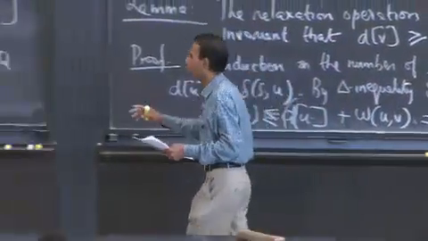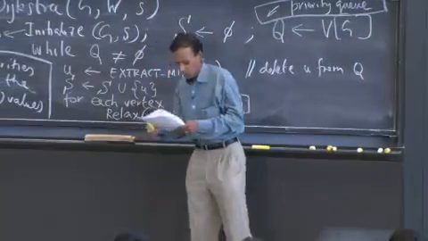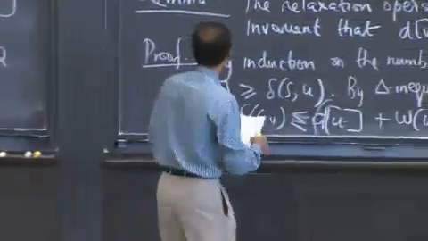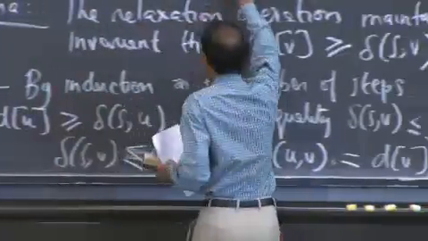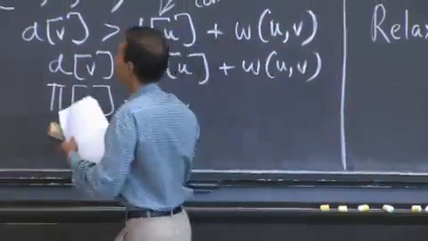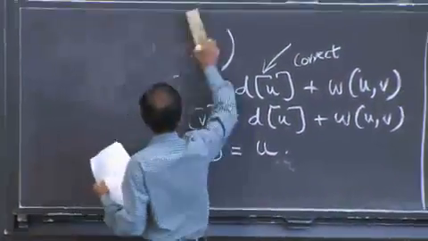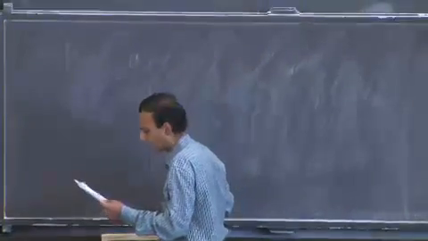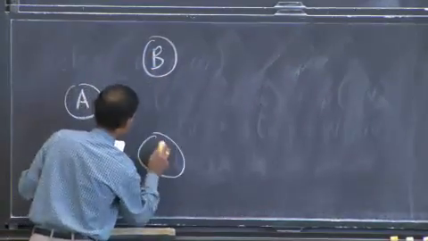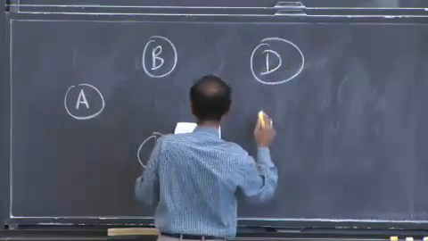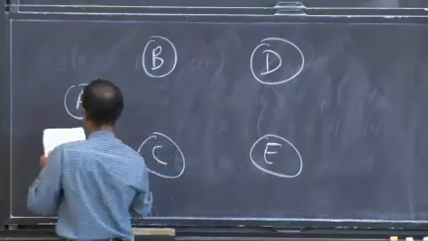OK. So let's just go through a couple of steps in an example. I'm not going to go through the whole thing, but you'll see an execution of Dijkstra in the notes. I think it's worth spending a couple of minutes going through the first few steps, just so how this priority queue works is clear. Let's take a look at a directed graph that has 5 vertices.